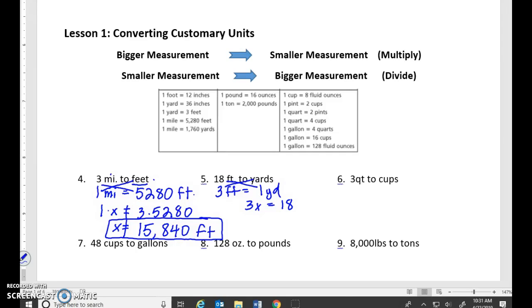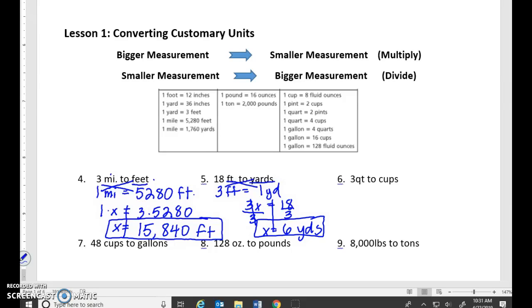And I went ahead with 3 times x, and instead of saying times x, I just put 3x because I know that those should be times. And 18 times 1, I just put 18. Okay, draw my line. I want to get x by itself, so I divided by 3 on both sides. Those cancel out. And x equals 6. Come back to here. Yards. So 6 yards. How'd you do?